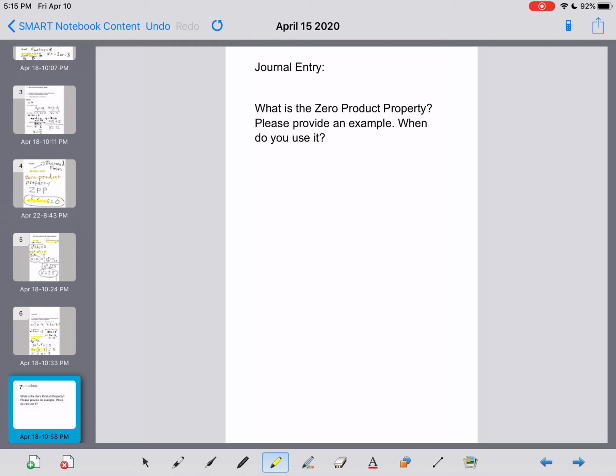All right. Quickly, let's sum it up. Zero product property. If you have a product of 0, that means one of the numbers or factors you're multiplying by has to be 0.